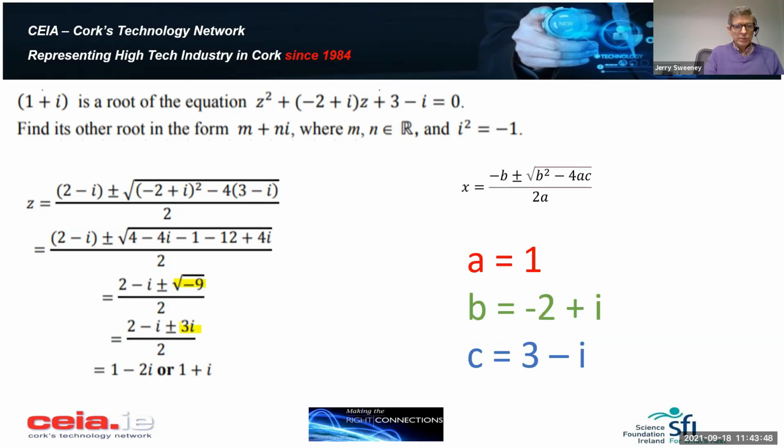Whenever there's a square root it's plus or minus, so we get our two roots, 1 plus 2i or 1 minus 2i. So z has a value of 1 plus 2i or 1 minus 2i.